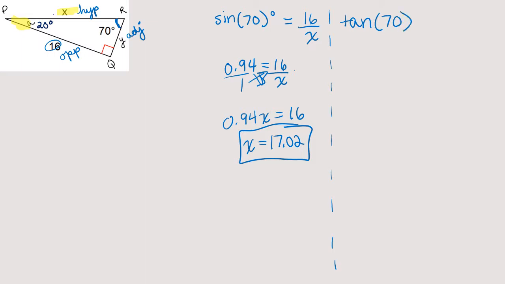So I can find y by using the tangent ratio. Tangent is opposite over adjacent. The tangent of 70 degrees is 2.747. Put it over 1 and cross multiply.